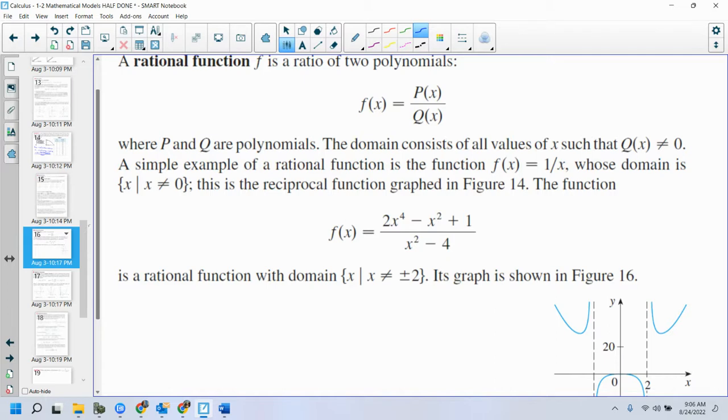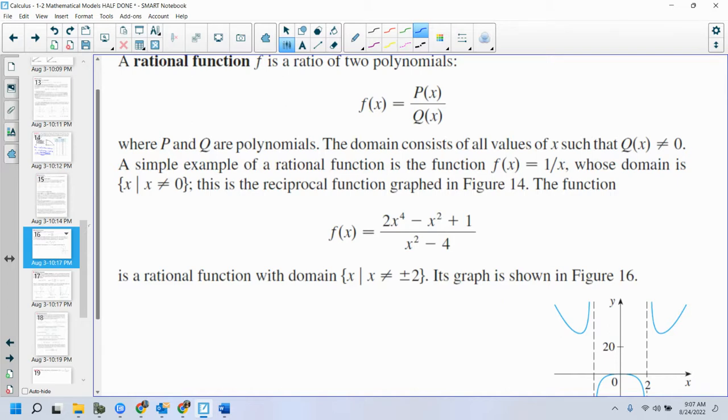We've got to remember the rules for asymptotes there. There are rules for asymptotes with rational functions. If it's top heavy, meaning the degree on the top is bigger than the degree on the bottom, there are no horizontal asymptotes. If the degree on the bottom is bigger than the degree on the top, then the asymptote is at 0.